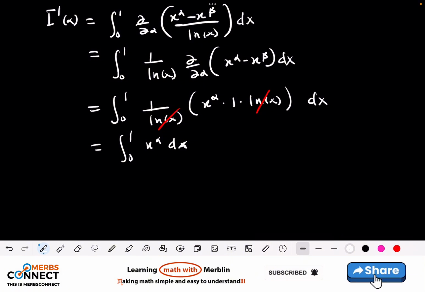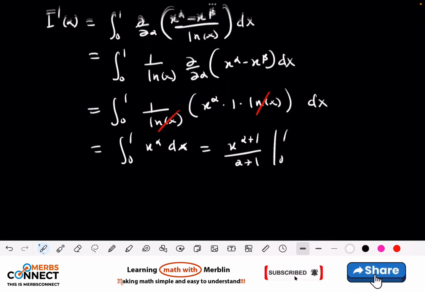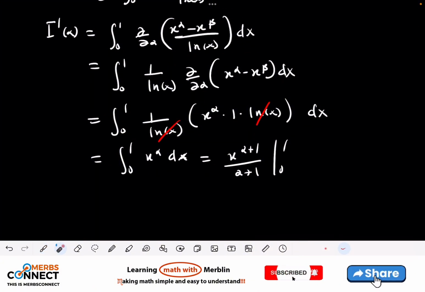When I integrate this, I'm going to have x to the power alpha plus 1 divided by alpha plus 1, from 0 to 1. I think we've done something like this before. The only thing that is changing is that the one we did before had 1 here, and now this is not 1, but x to the power beta.